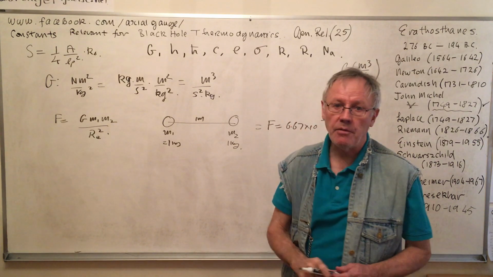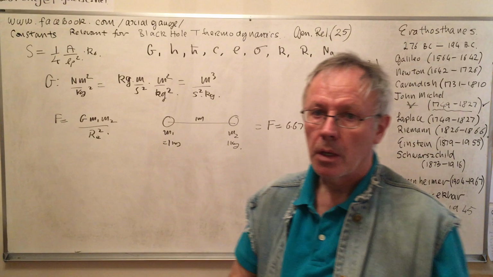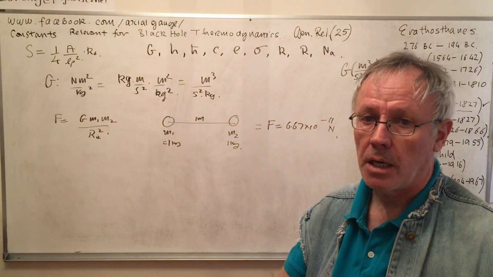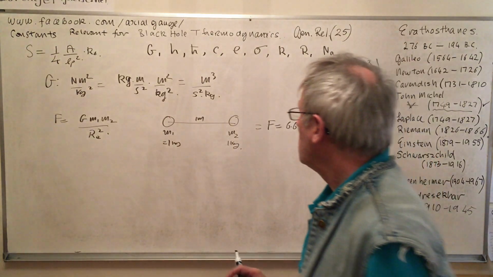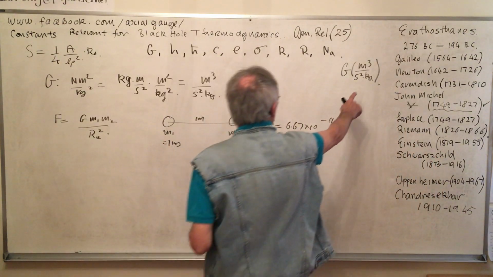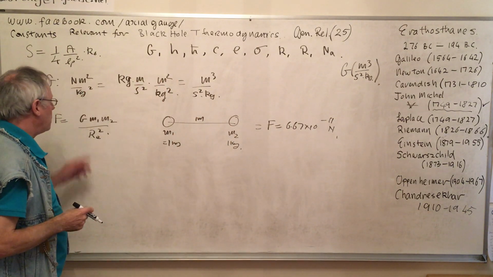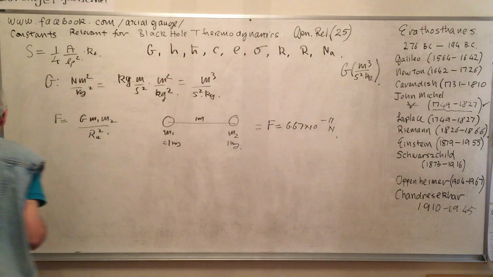And it was measured by Cavendish in 1798. The universal constant of gravitation, of course, is not the same as the acceleration due to gravity, the little g. So that's our big G, and it has units of meters cubed over seconds squared kilograms. I know people write this in, but that's very inconvenient.